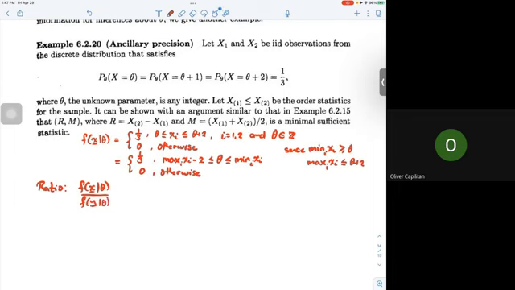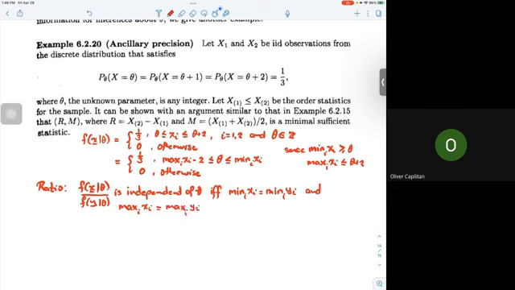This is independent of the parameter theta if and only if the minimum of X sub i is equal to the minimum of Y sub i, and at the same time the maximum of X sub i is equal to the maximum of Y sub i.